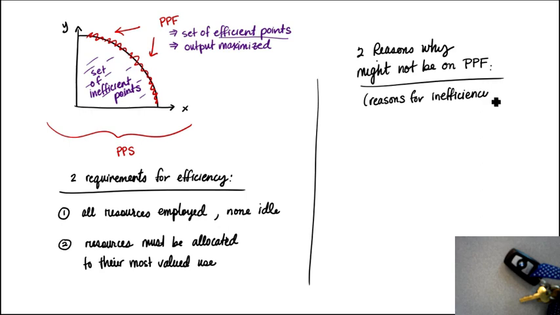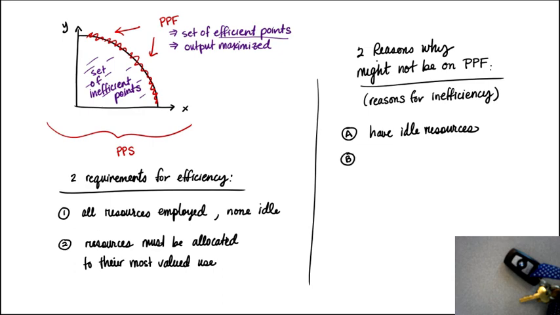So from this, can we figure out the first one? What's one reason that we might not be on the PPF? Yeah. Resources are sitting idle. We have idle resources.